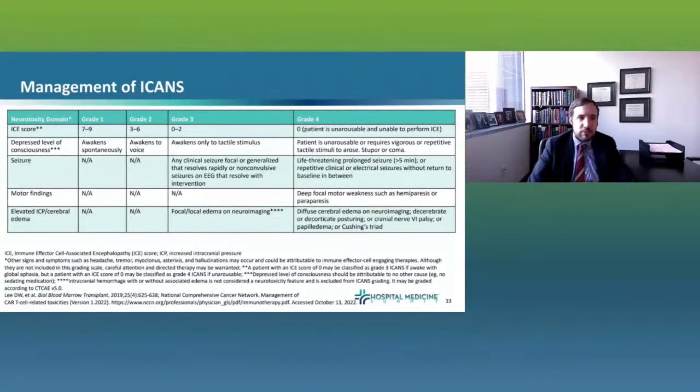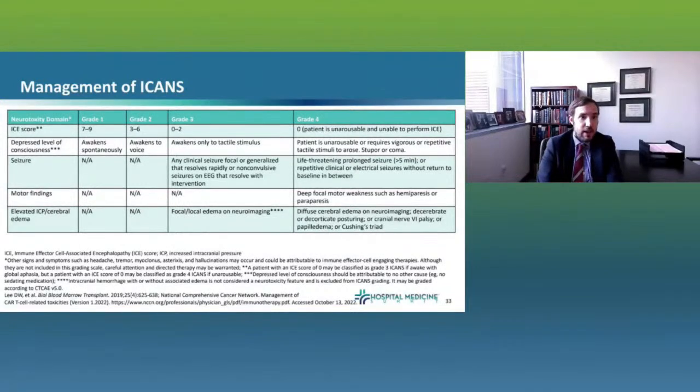Okay, and we talked a little bit about these manifestations as far as depressed level of consciousness, seizure, motor findings, elevated ICP, cerebral edema, the ICE score. That's actually in the CAR-T app, and I actually have it pulled up here.